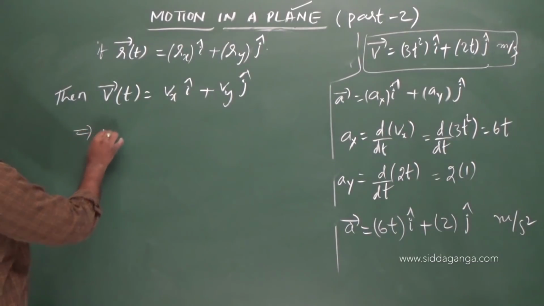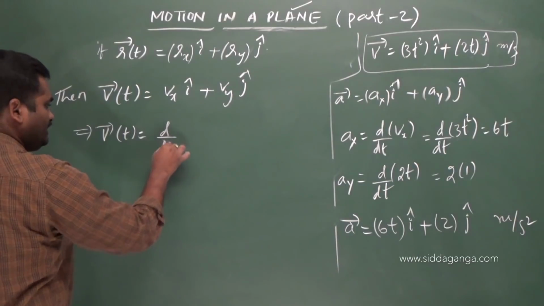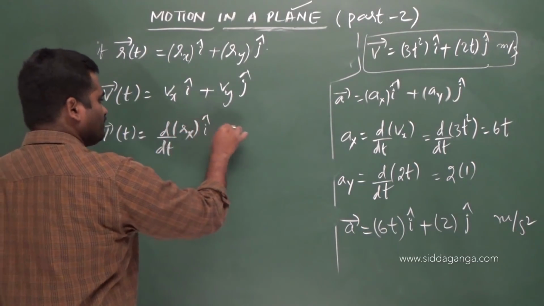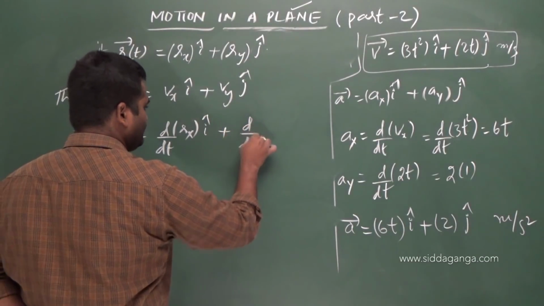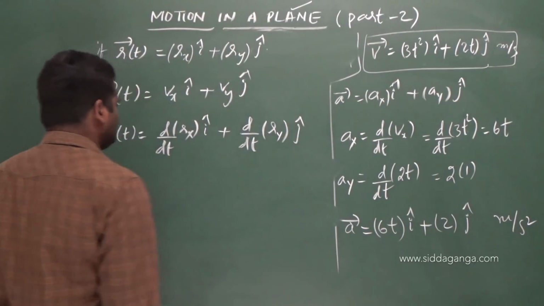Or else you can write v of t equals d by dt of rx into i cap plus d by dt of ry into j cap. Like this you have to mention.